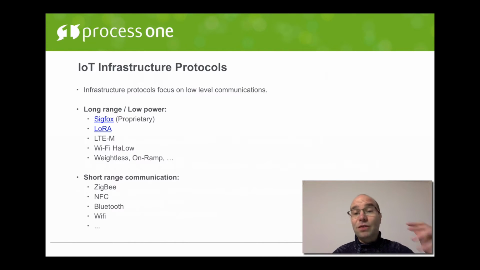For example, you find the Zigbee protocol, which is the most widely used for building smart homes. You have the NFC protocol, which is even shorter range. You have the Bluetooth protocol, which is well known and used by smartphones and computers. You have the Wi-Fi protocol, which is also used by computers and is a bit more power hungry than Bluetooth. Again, there are a lot of protocols competing for short-range, low-level communication.